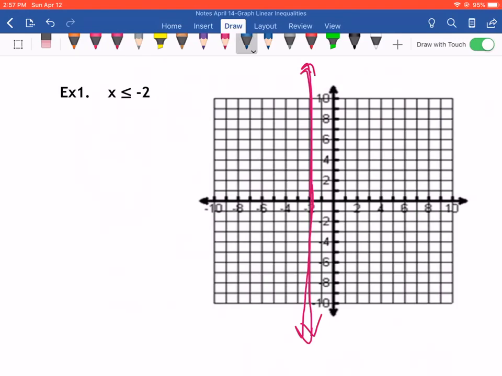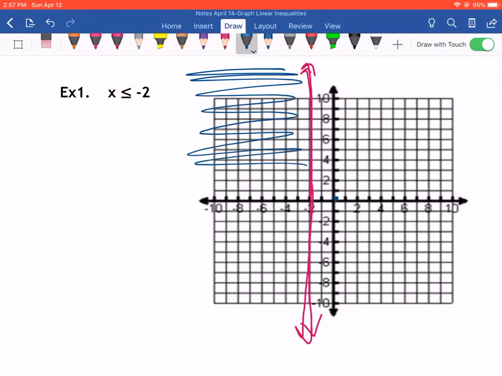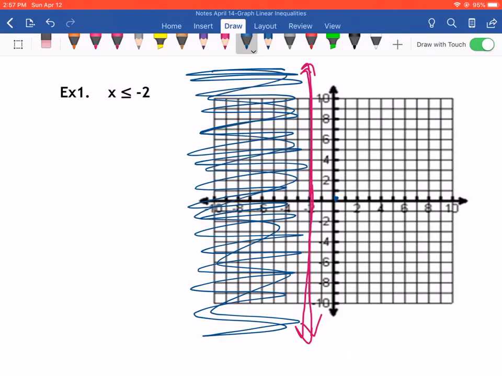If I pick x equals 0, and I plug 0 in for x, is 0 less than or equal to -2? You would say, no, Miss Powell, that makes no sense. 0 is greater than -2. You're right. So I'm not going to shade on the side of the line that has x equals 0. I'm going to shade on the other side. And what I mean by shading on the other side is simply this: I have shaded where all of my solutions to this inequality lie.